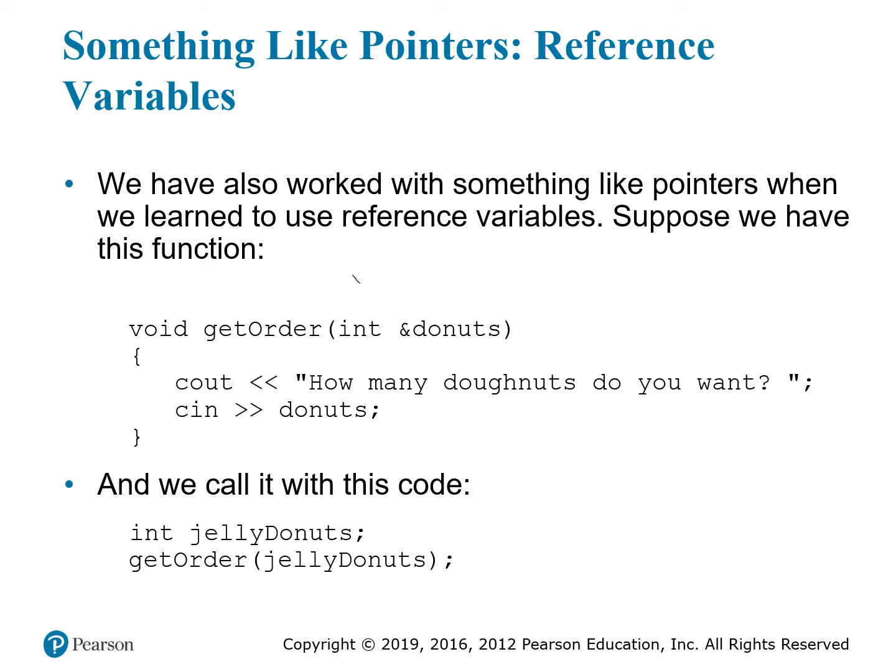We had to pass that variable by reference. So we used the ampersand operator to tell C++ that we're passing the address of Jelly Donuts down here, not copying the value of it.